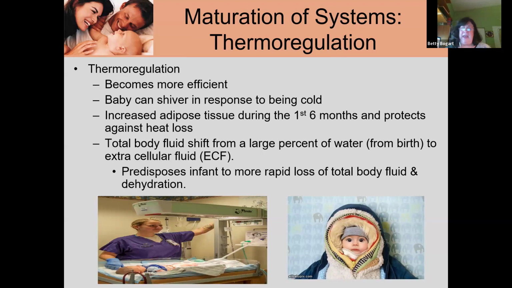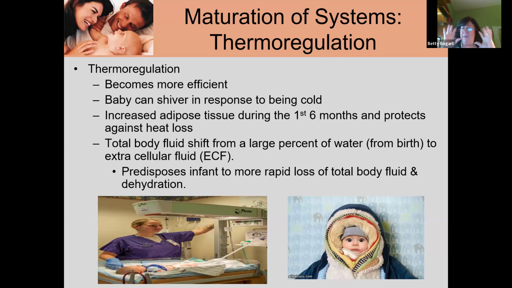Now, a big thing at birth is their thermal regulation. What do we do at birth with an infant? We take it away from mom and put it underneath a heated, already beeping and screaming in the corner, radiant warmer, right? Why? They're wet. So, what do we need to do?